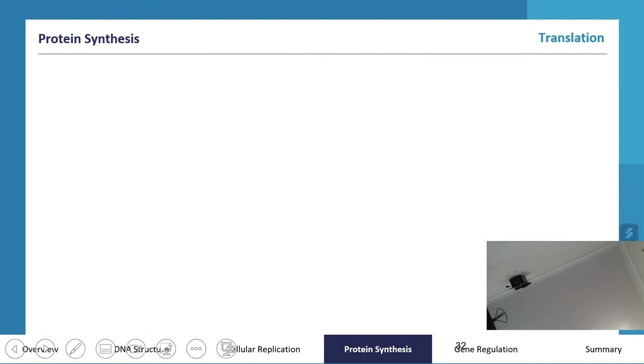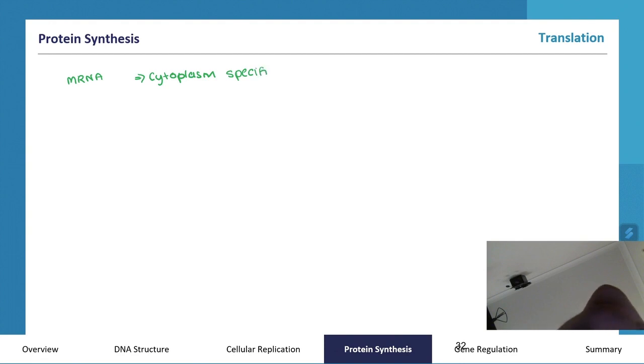After that, we end up in our final step, which is translation. So the mRNA strand is now brought into the cytoplasm of the cell, specifically in the area with ribosomes, a ribosome-rich area.